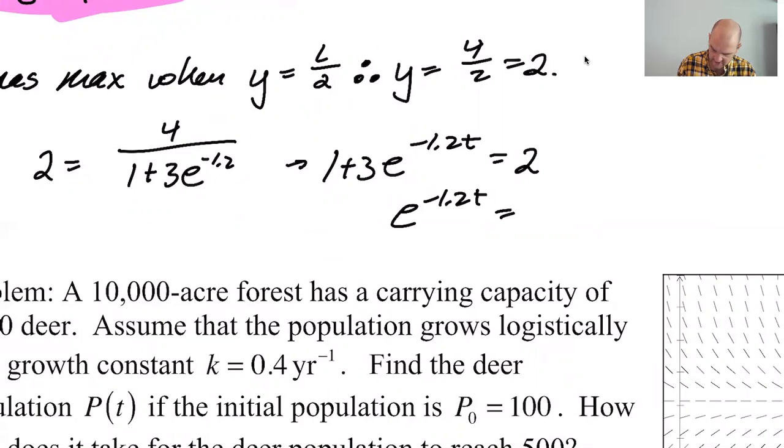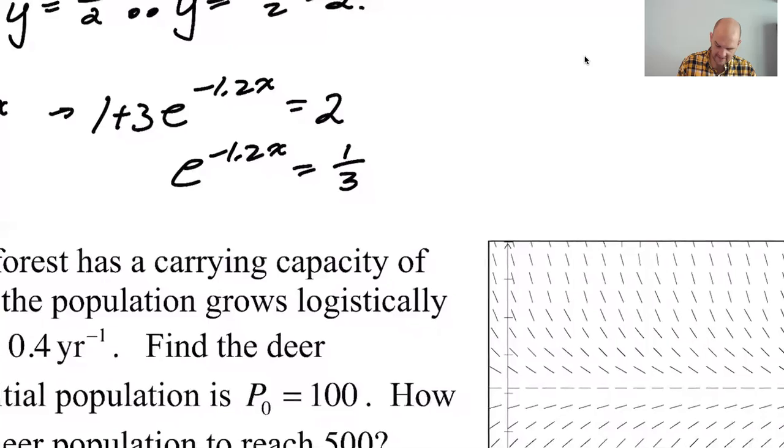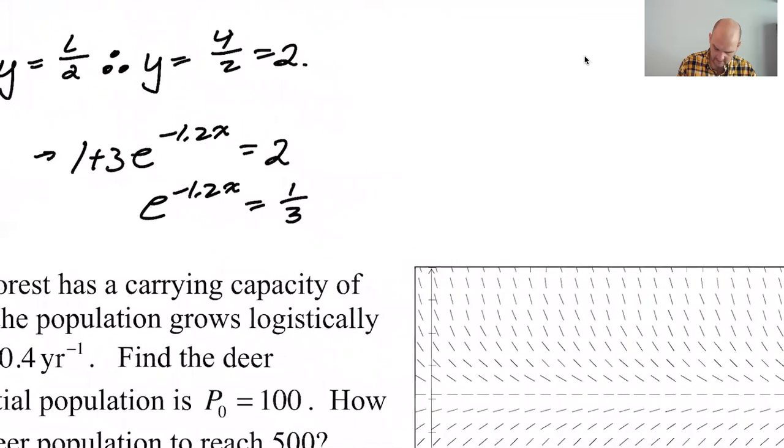When I'm doing the logistic, I always use t because I feel like time should be the thing. So I'm subtracting 1, dividing by 3, I get 1/3. Then I'm going to take the natural log of both sides, and I get negative 1.2x is the natural log of 1/3.